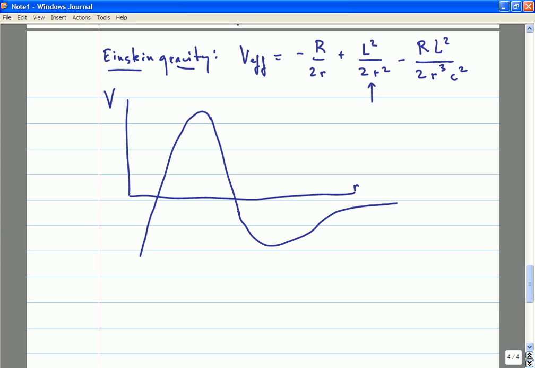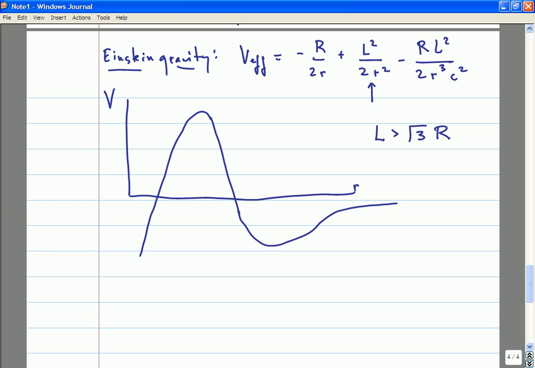So I've assumed here in particular that L is larger than the square root of 3 times R. You could just check by computing dV by dr that in order for dV by dr to have two zeros, namely for this V to have two turning points, L needs to be bigger than root 3 R. So you can immediately see that there are some very important qualitative differences with the Newtonian case.